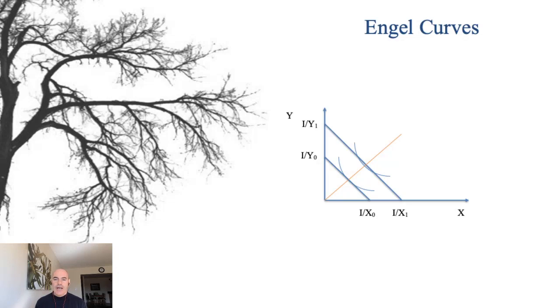What you see on the slide is the parallel shift of the budget constraint in the direction of northeast.